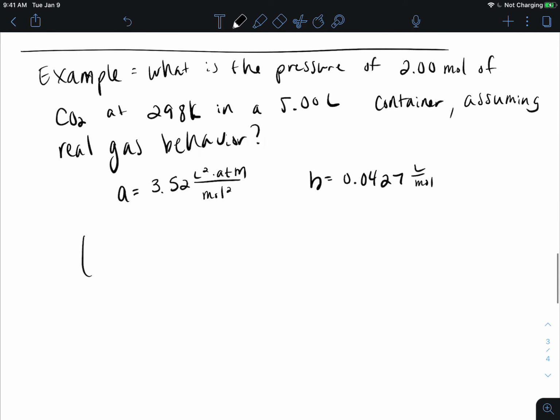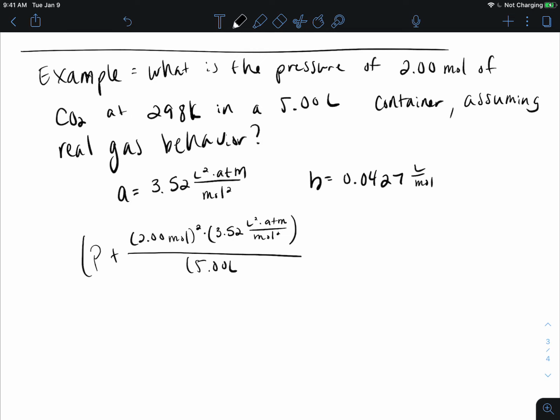So we have pressure plus our number of moles, 2.00 moles, squared, times our a term, 3.52 liters squared times atmospheres over moles squared, divided by our volume, 5.00 liters, and square that as well.